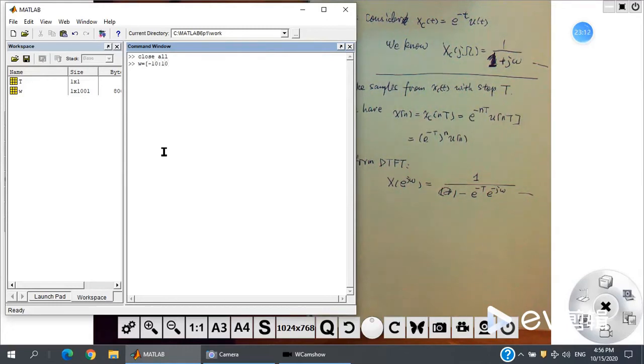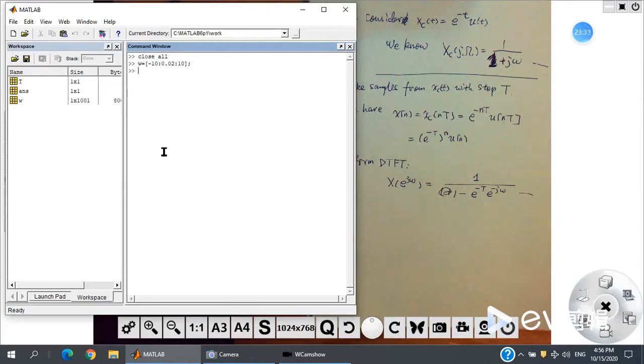We can choose any omega with a step, step 0.02. Alright, so that's enough, right? So we have some values of omega. And the first one, we want capital XC, that is 1.